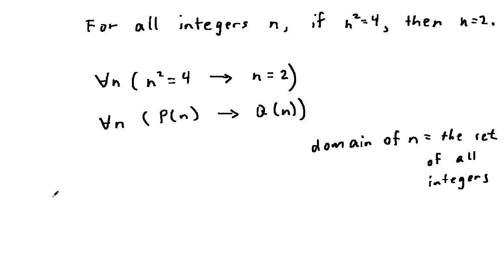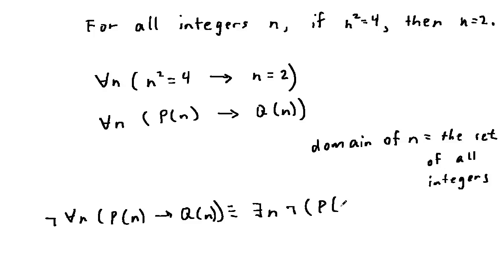Okay, note that not for all n, p of n entails q of n, that's equivalent to there exists an n such that not this, and that's equivalent to there exists an n such that p of n and not q of n.